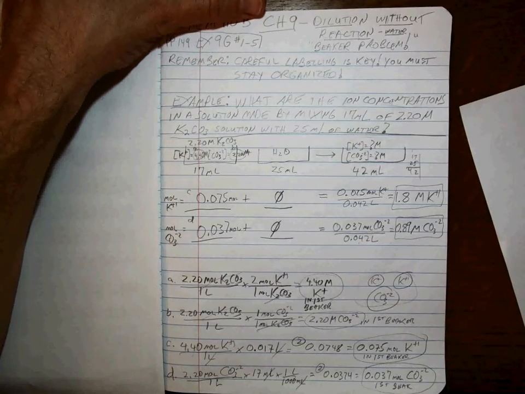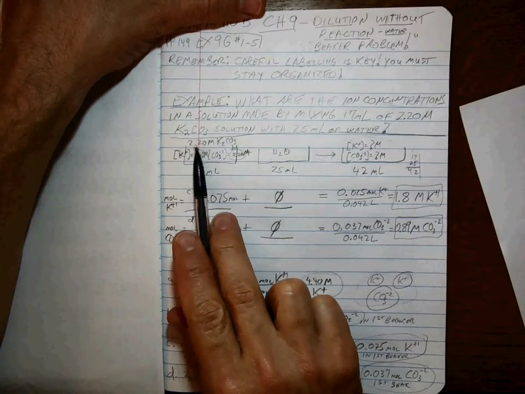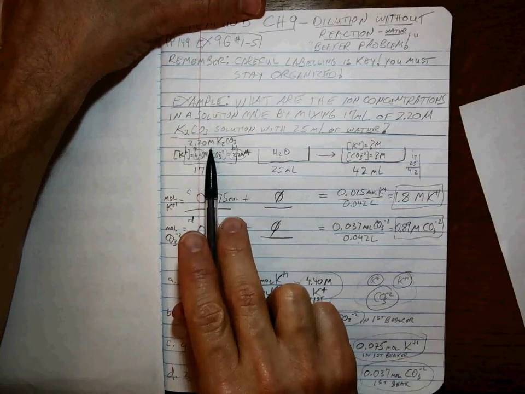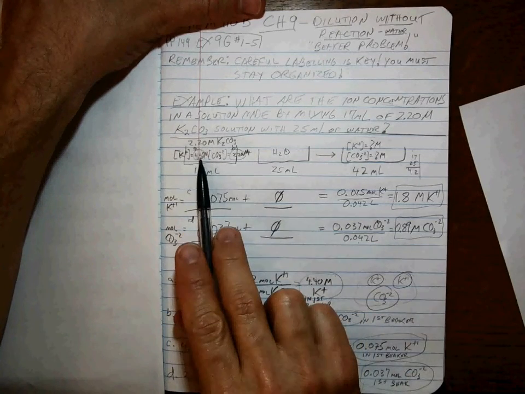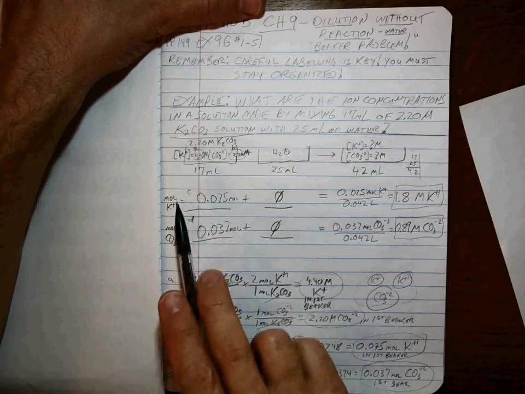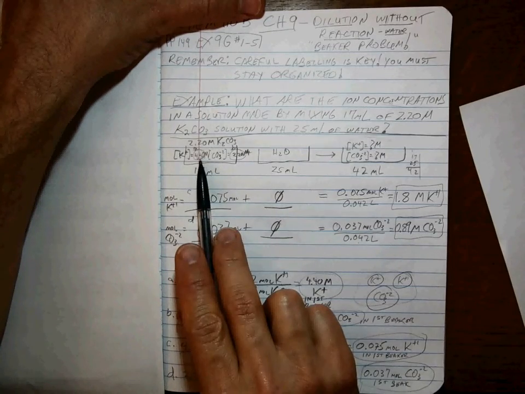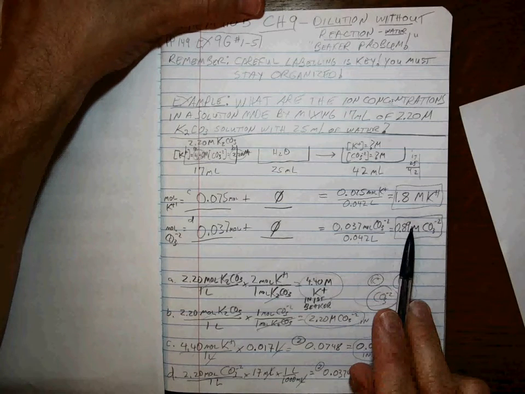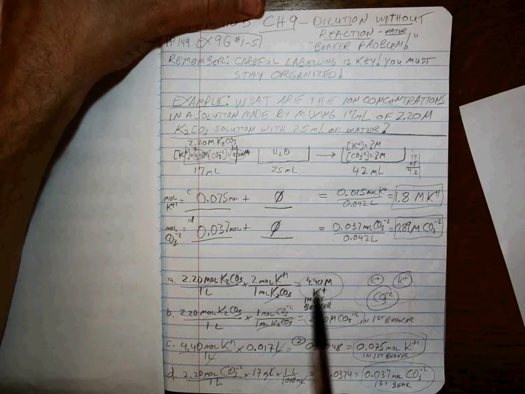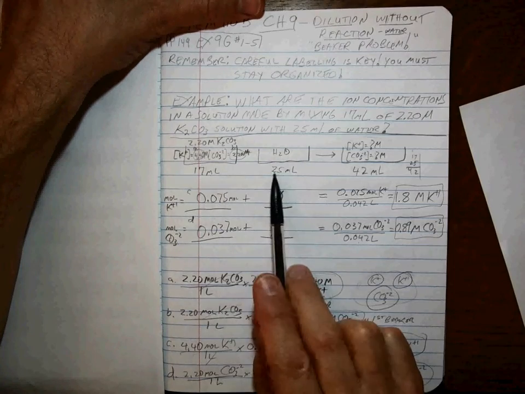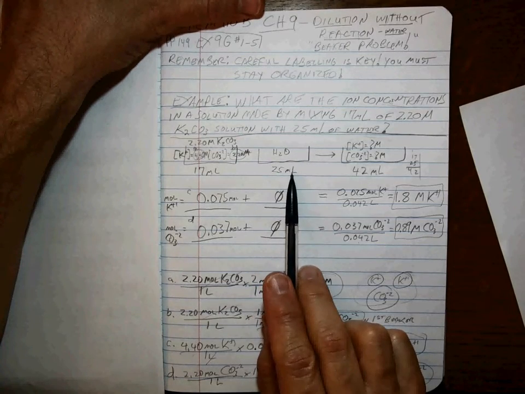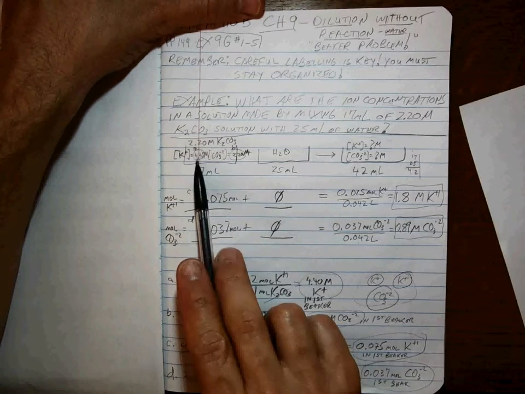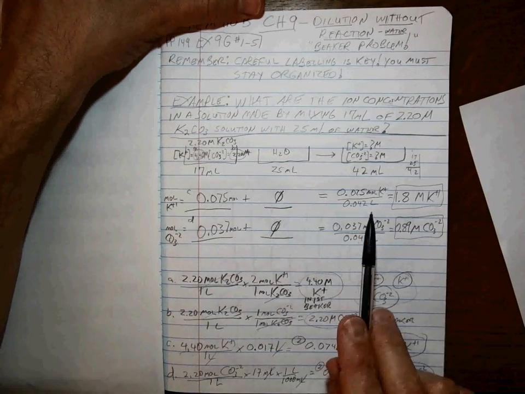If we start with 2.20 molar and we add a bunch of water, for sure the concentration is going to go down. If the concentration of potassium ion started at 4.4, it's going to go way down. 2.2 going to go way down. Good. Now, if we had added 17 milliliters, it would have been a 50-50 dilution, and the final concentrations would be exactly half.